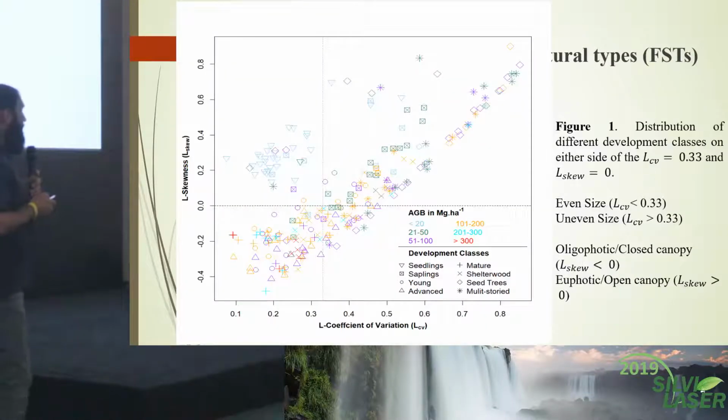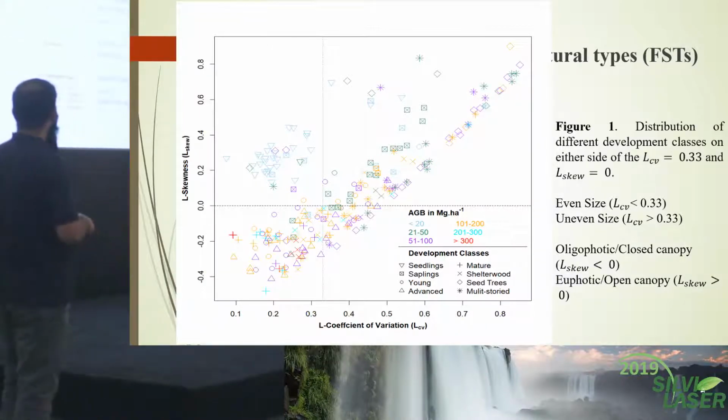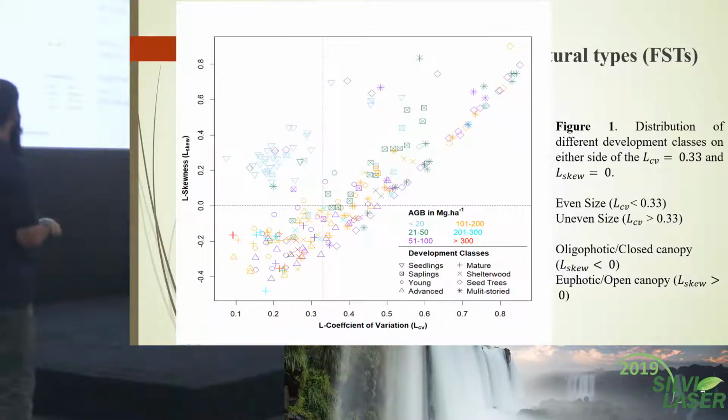So these are our initial results. These are the L-skewness line and the L coefficient of variation boundary, and these are the above ground biomass estimated in each development class. We can see that the seedlings were separated as even size, and also the mature trees and the young trees in advanced stage were separated as even size forest structures.